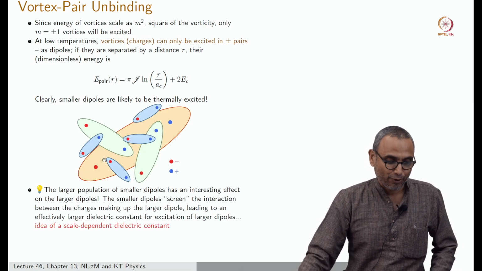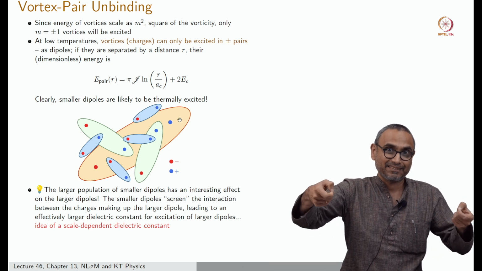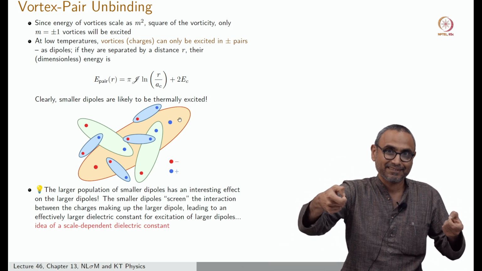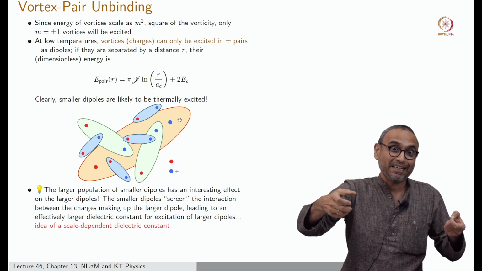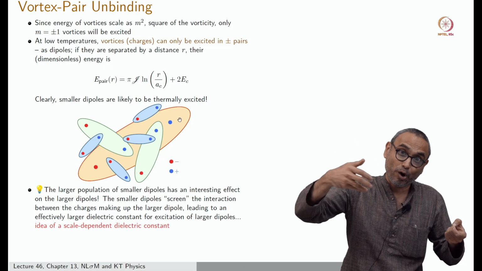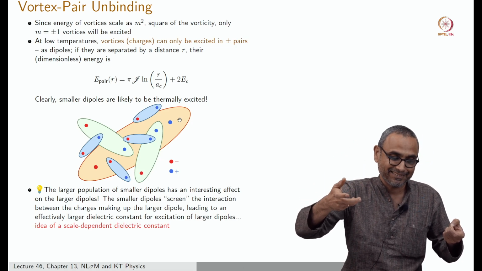The question is the following, right? I want to excite a dipole of a certain size. Dipole meaning a pair of vortices. Now smaller dipoles would have been already excited because they have lower energy.